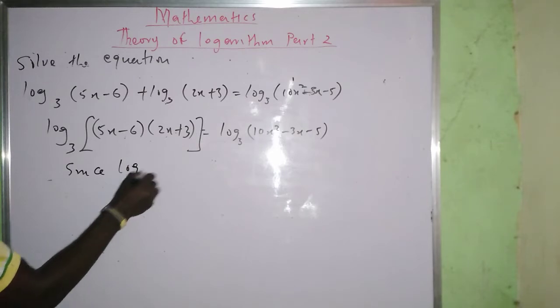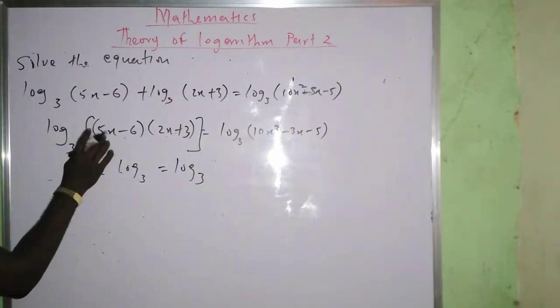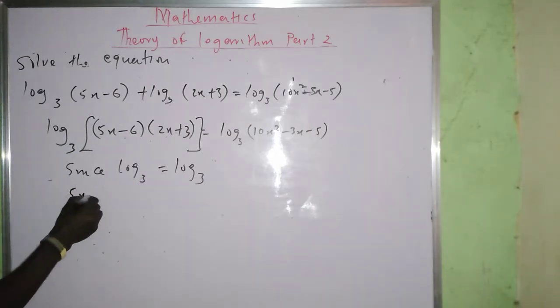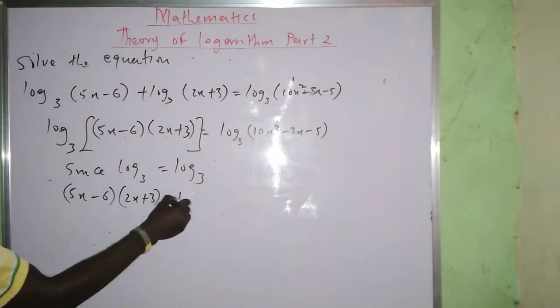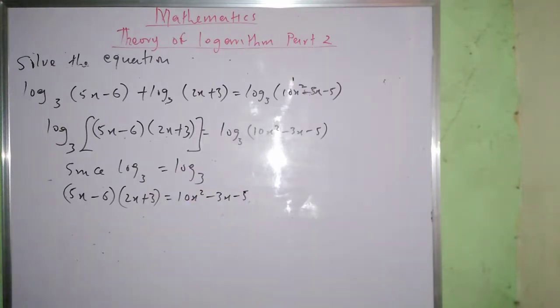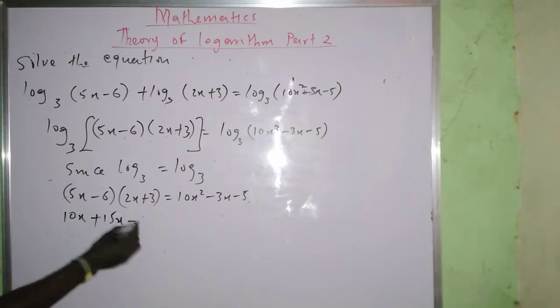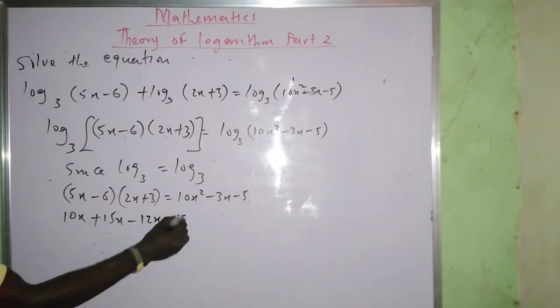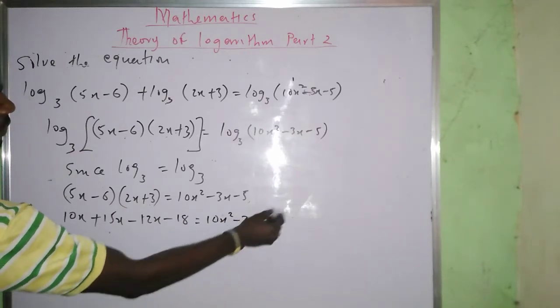Since log base 3 and log base 3 are equal, it means I can say that (5x minus 6)(2x plus 3) equals 10x squared minus 3x minus 5. Expanding, I have 10x squared plus 15x minus 12x minus 18 equals 10x squared minus 3x minus 5.